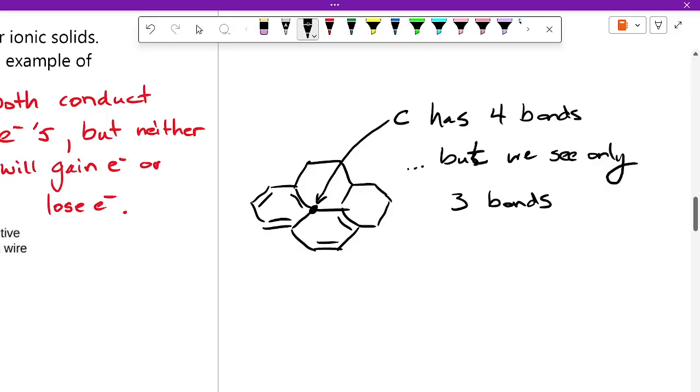I think I've done this wrong here. Have I done it wrong? Anyway, you end up with resonance. The 4th bond. Oh, so first of all, actually, before we go into the 4th bond, what is the hybridization of carbon here?